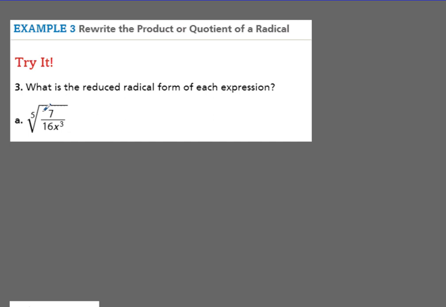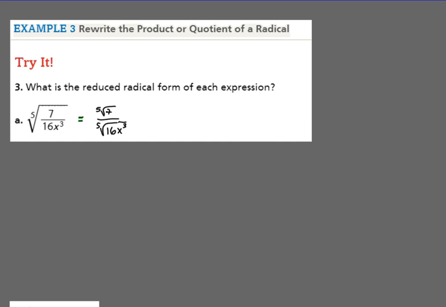So I have the fifth root of 7 over 16x cubed. Now, this is the same thing as the fifth root of 7 all over the fifth root of 16x cubed, sorry.